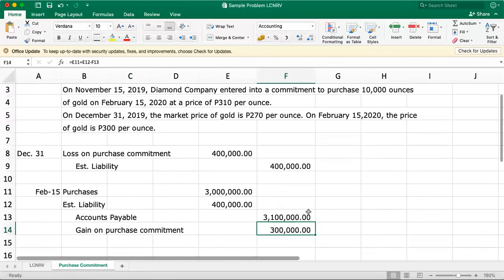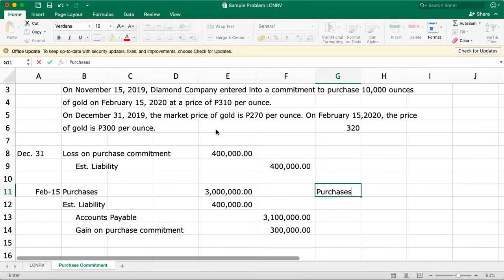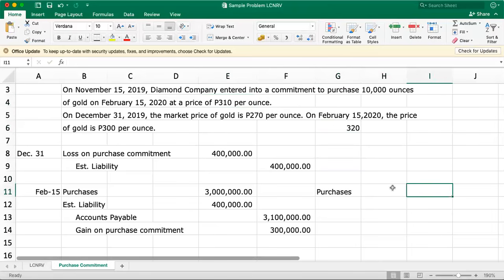Sir, what if instead of 300, assume it became 320? Here is the entry. Actually, December 31 is the same. The difference is in purchases. Again, purchases is the lower between the fixed price and the actual cost of purchase. Since 310 is lower than 320, that is 3,100,000.